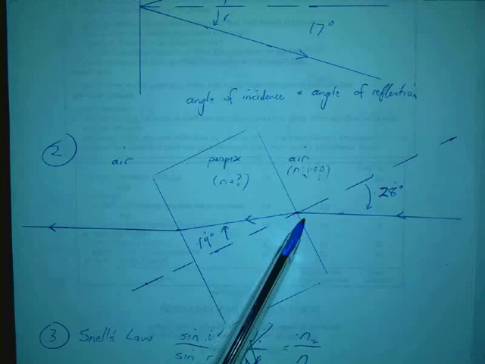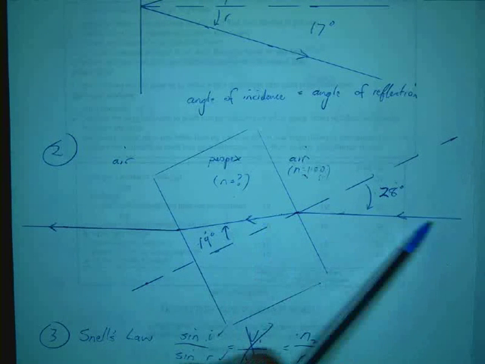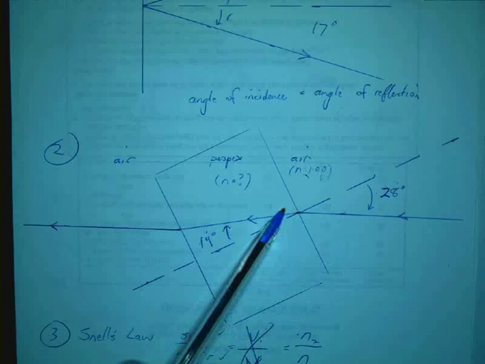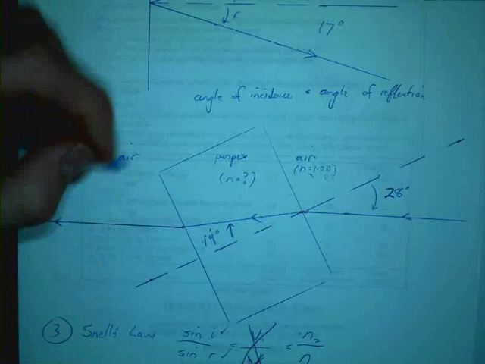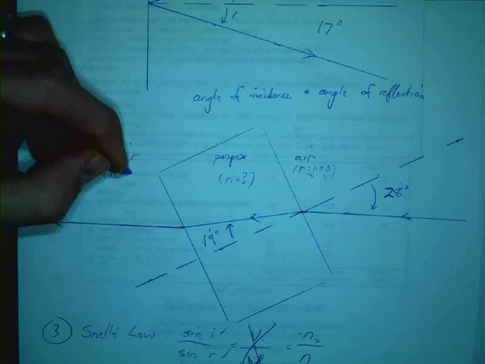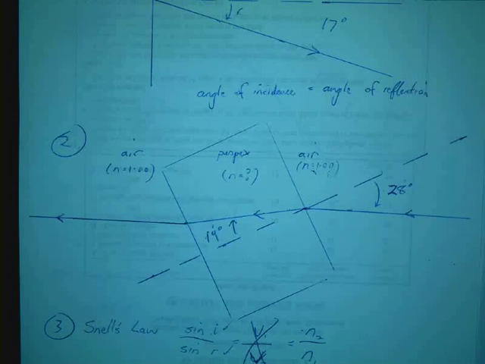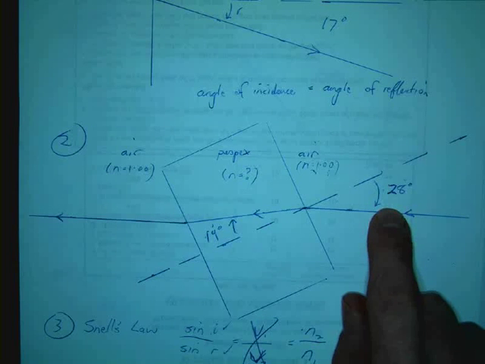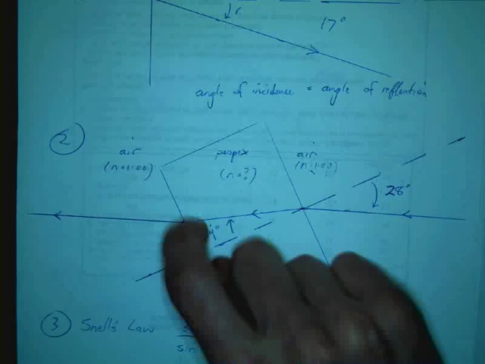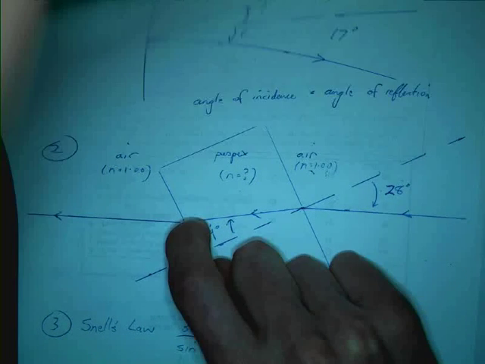Theoretically, it should be. With our refractive indexes, whatever the amount it bends from here to here, the opposite should happen here, because the refractive index of this air over here is 1, same as this. So, we know that this ray of light makes an angle of 28 degrees to the normal. Let's find out what this one does.